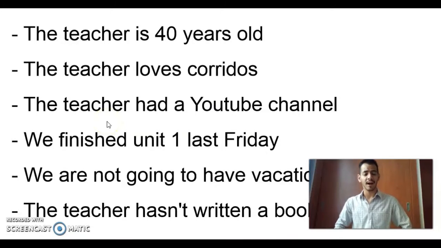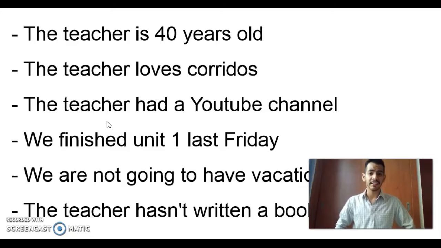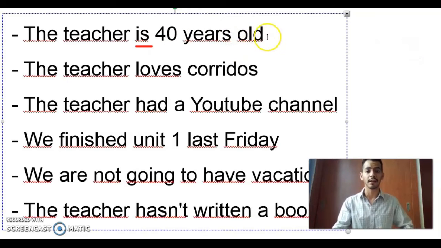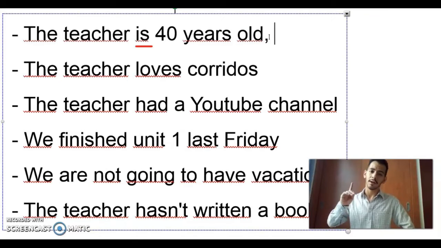The first one that we have is, the teacher is 40 years old. First, we have to identify the auxiliary that we are using. In this case, the auxiliary is the verb to be. The teacher is 40 years old. Therefore, if I am using affirmative in the sentence and I am using the verb to be in present, I'm going to use the verb to be in present, but in negative.